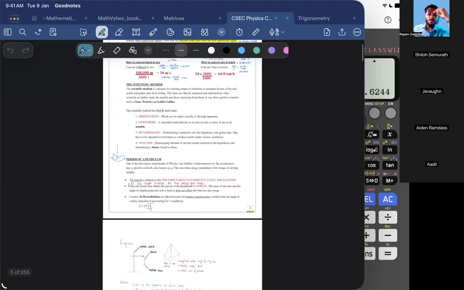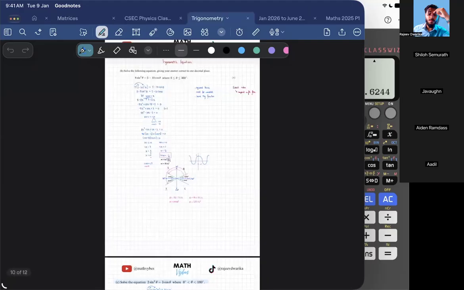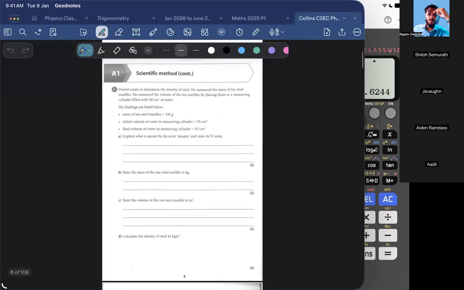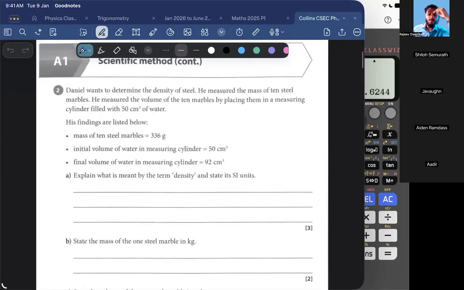Before I move on, I feel like we should do these questions, because this over here tests your knowledge on units. So I'm going to let Javon help me with this. Javon, read that question for me.